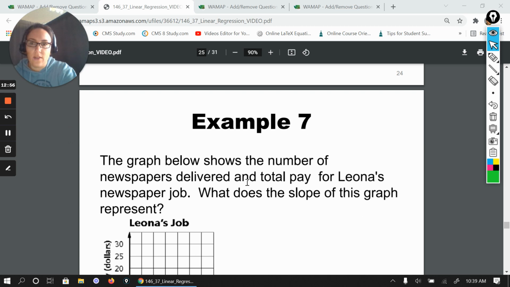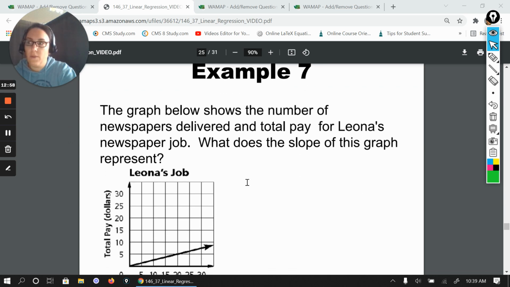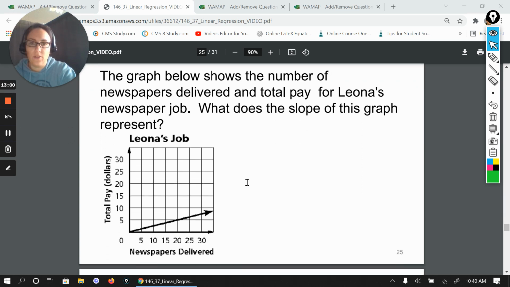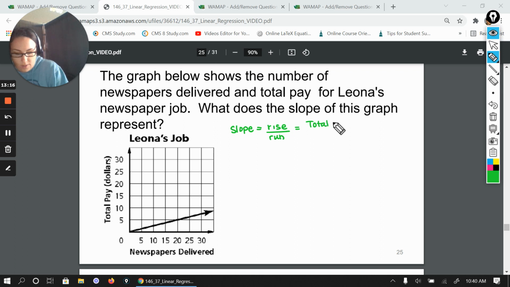Here's example 7. The graph below shows the number of newspapers delivered and total pay for Leona's newspaper job. What does the slope of this graph represent? So remember, the slope equals rise over run, which is the y's over the x's. So the y's represent total pay, and the x's represent newspapers delivered.